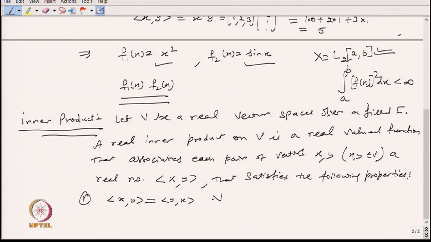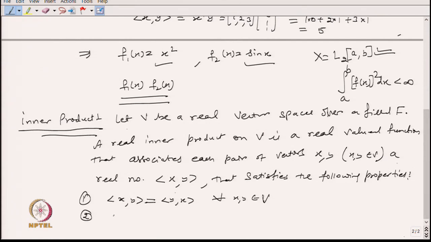This is true for all x and y belonging to V. It means I can just interchange x and y.